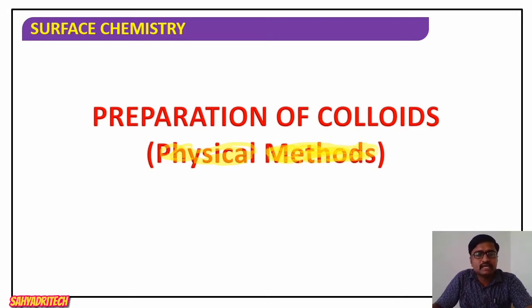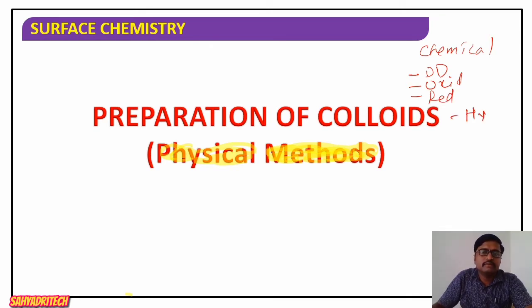In chemical methods, we considered four examples: first, double decomposition; second, oxidation; third, reduction; and the fourth one, hydrolysis. With the help of these types of reactions, it's possible to prepare colloidal solutions. Now we are highlighting physical methods of preparing colloidal solutions.